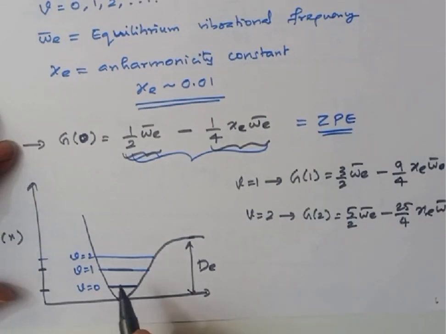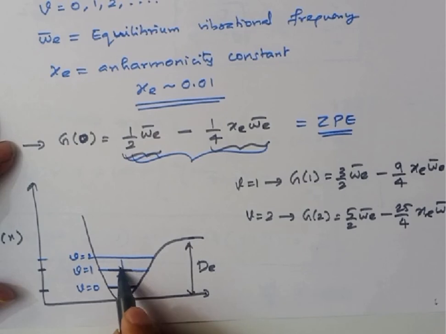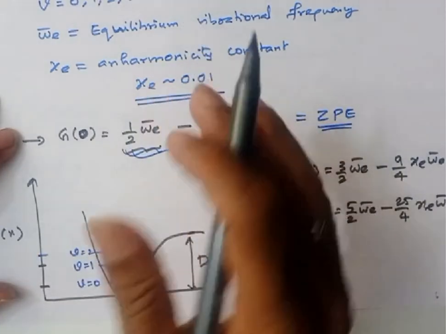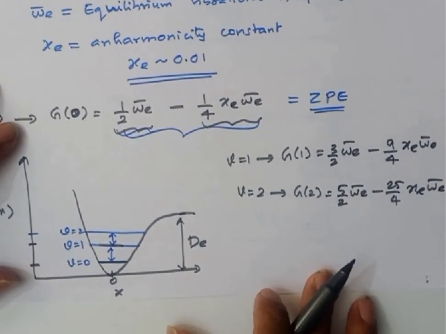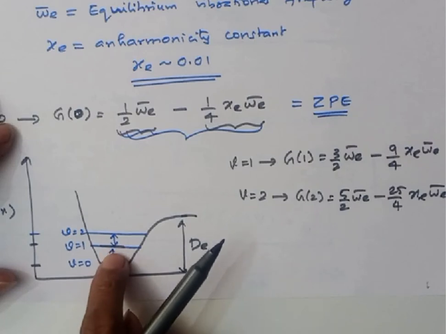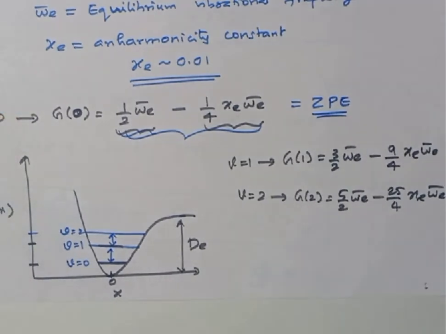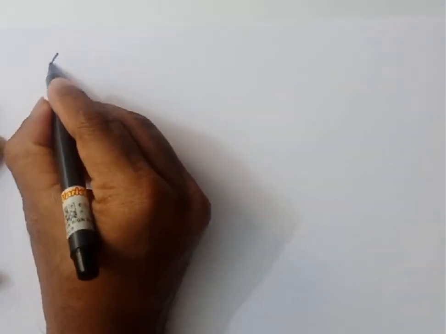Now students, observe carefully. If you see the gap between adjacent levels, does the gap decrease, increase, or remain constant? For that you need to find the energy gap between adjacent levels. Let me do it on the next page. The energy gap between adjacent levels is delta G adjacent.